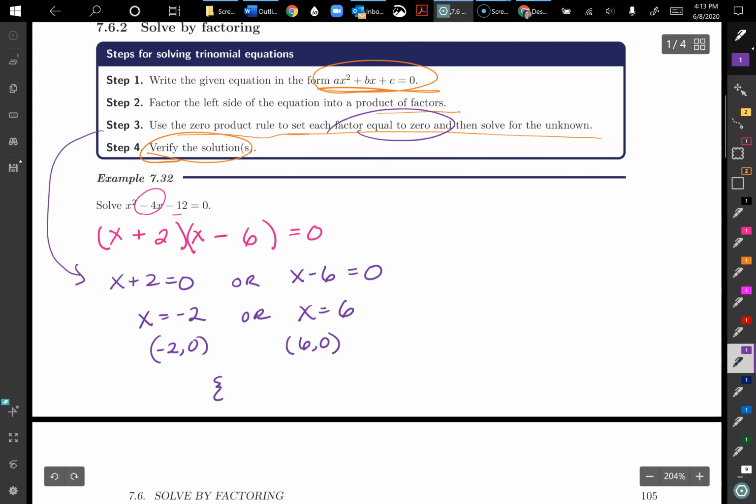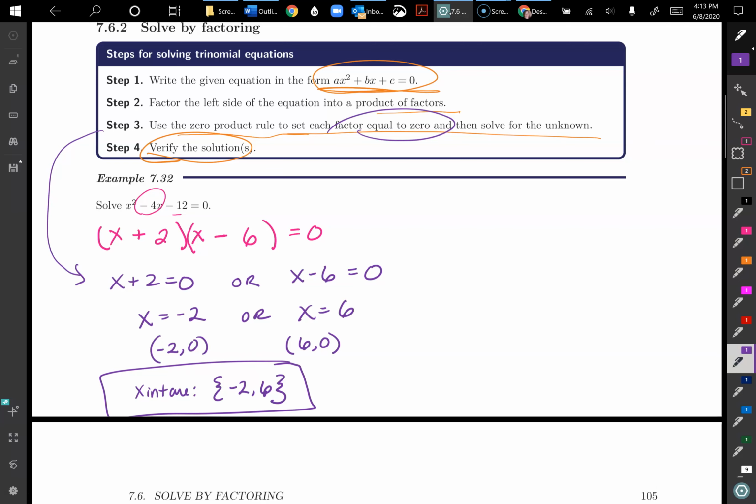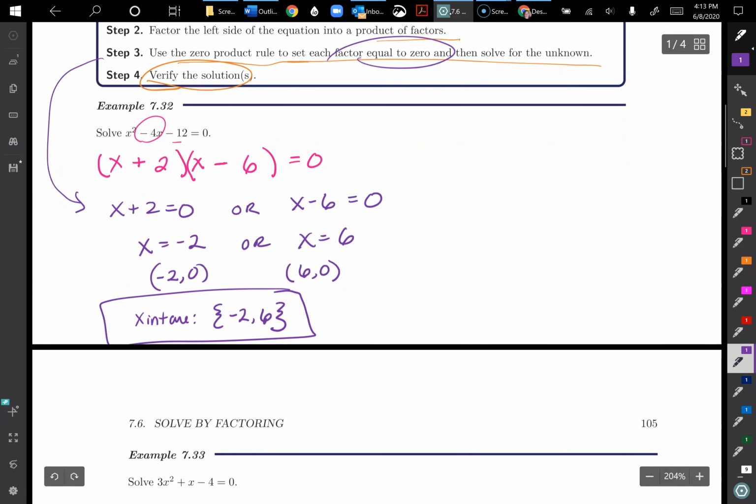And we could also write it in set notation, knowing the x-intercepts are negative 2, comma 6. Okay, and that's usually how we write our answer for these, but not always. I do want to make sure that you realize that these are points, they're x-intercepts, and that's how it works.